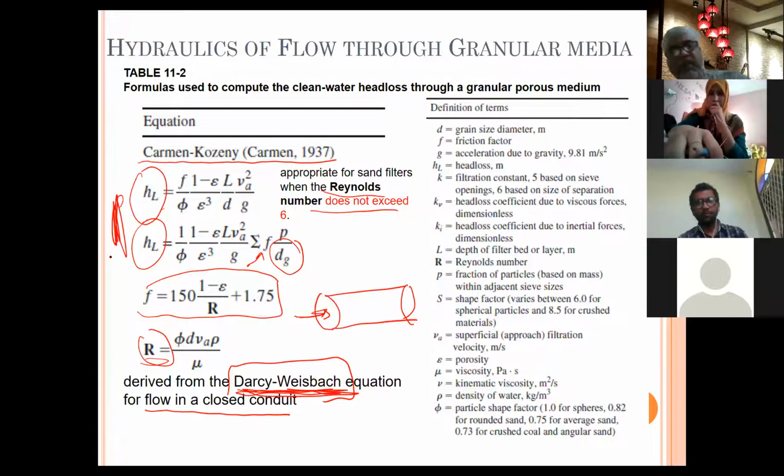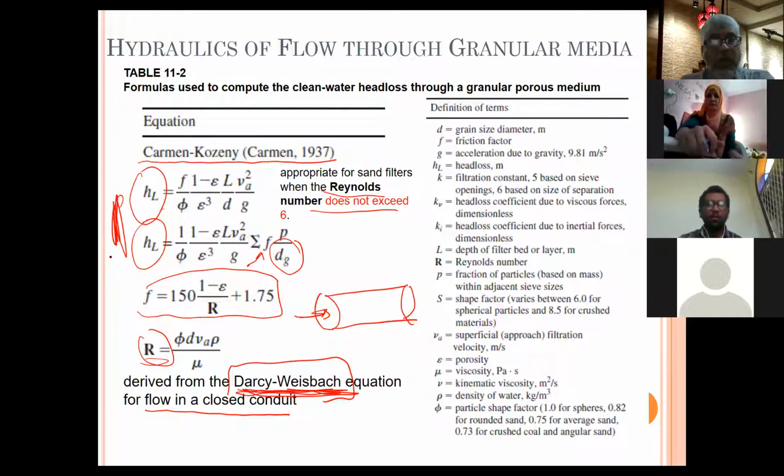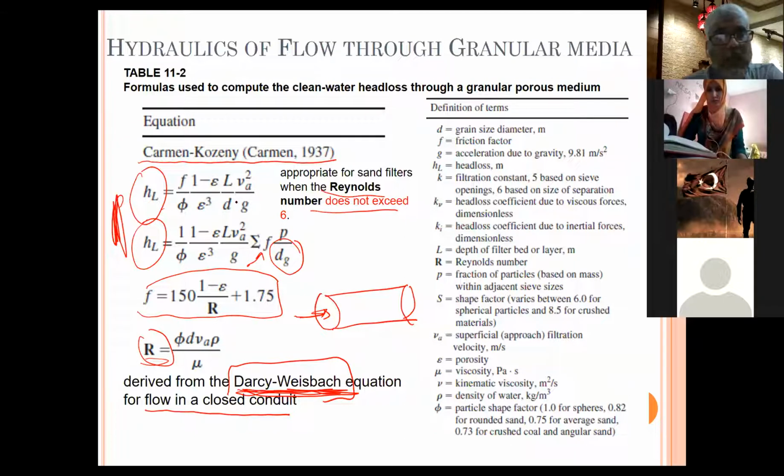Karman-Kozeny later developed it. We can use this equation for a filtration bed composed of the same size of grain, or the same diameter of grain, or this one if the diameter of grain is different.